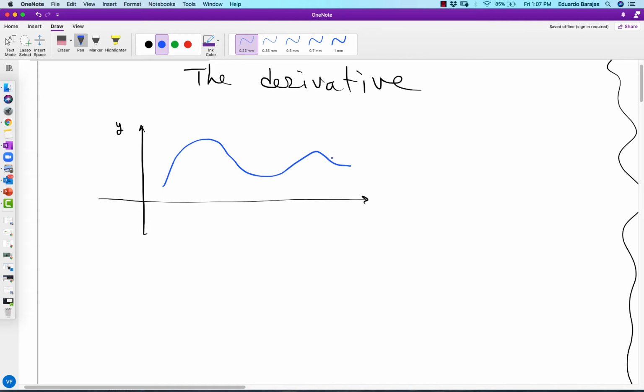So I'm just going to use f of t. So let's call this the t-axis, it's the independent variable. And so that means that this would be some function f of t.